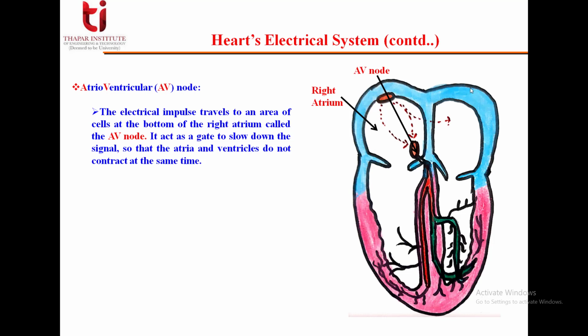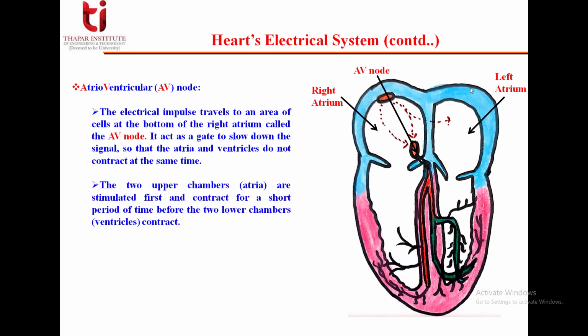It also acts as a gate to slow down the signal. Why? Because we don't want the atria and ventricles to contract at the same time. So it will cause a delay, so that the atria and ventricles do not contract at the same time.